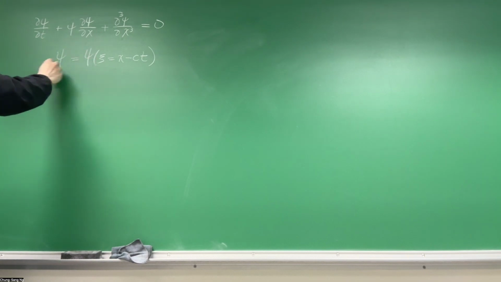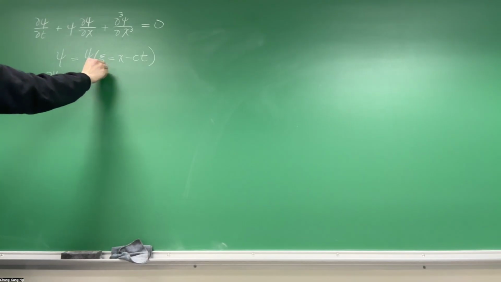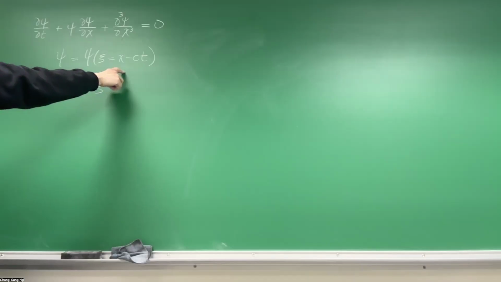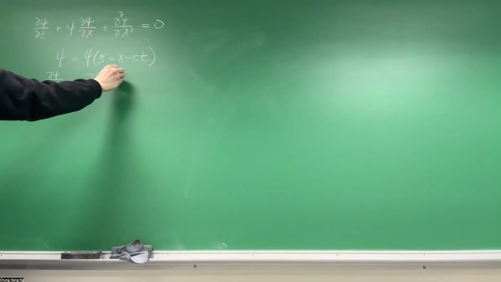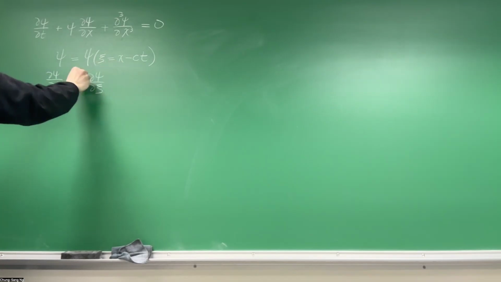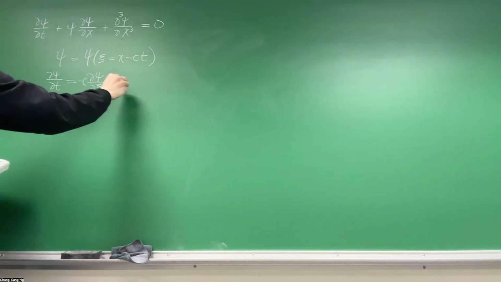So partial psi, partial t will be partial psi, partial xi, times partial xi, partial t. Partial xi, partial t is minus c, and that's the first one.